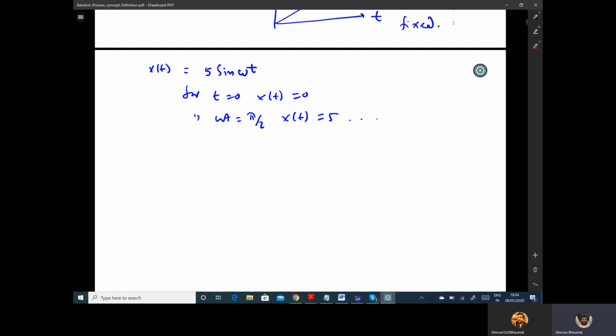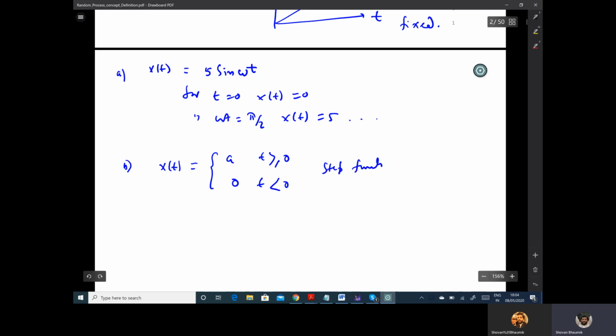We can give another example. x(t) will be equal to, say, A when t is greater than or equal to 0, and 0 when t is less than 0. This is the step function. All of us know the step function. So if we draw the step function, how does it look?